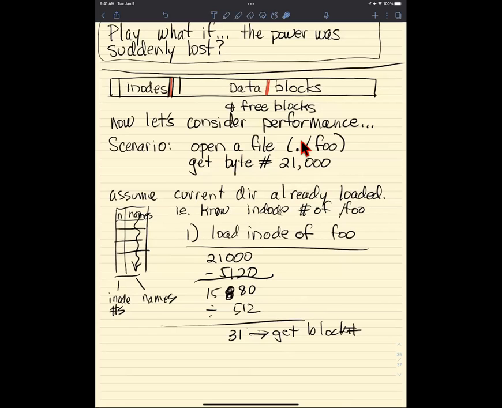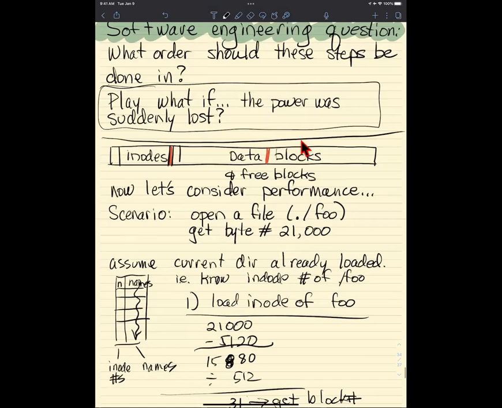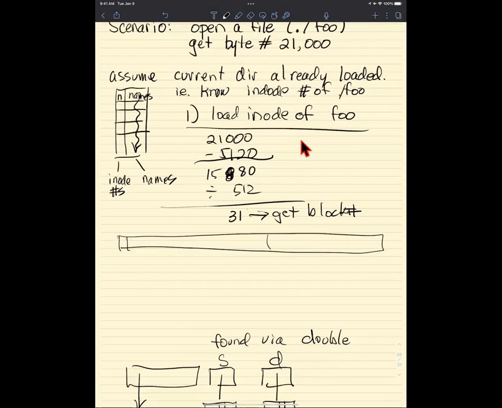Would it be beneficial to place the data blocks before the inodes in that hierarchical system? Or am I reading this wrong? So, well, let me draw a picture and we'll talk about it. Right now we have inodes followed by data blocks. So you're just saying have data blocks followed by inodes. Is that correct?